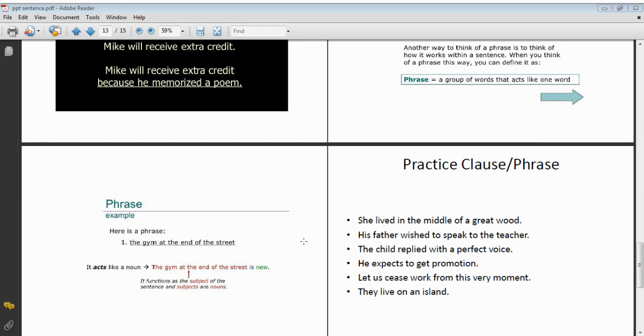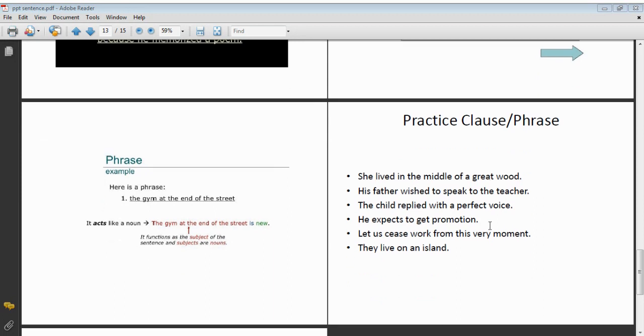Now we have some practice sentences over here where you can differentiate, where you can separate the clause and phrase from the sentence. I read out the first sentence. She lived in the middle of a great wood. She lived is a clause. In the middle of a great wood is a phrase. His father wished is a clause.